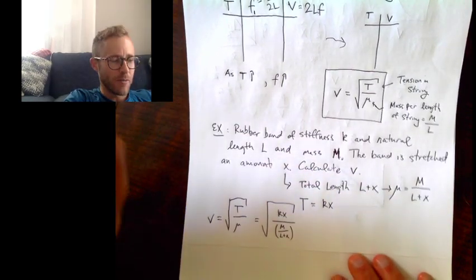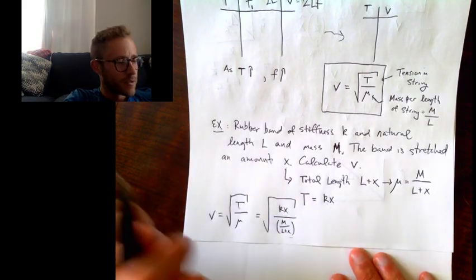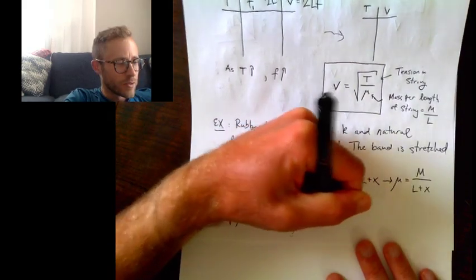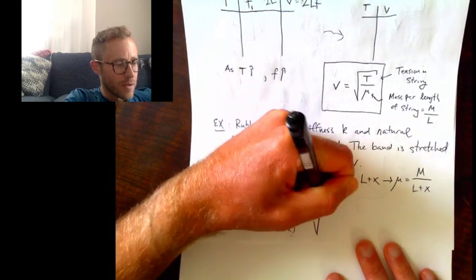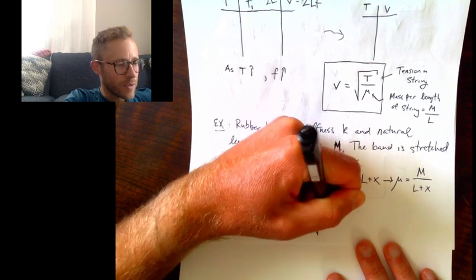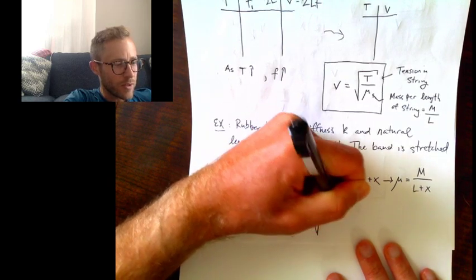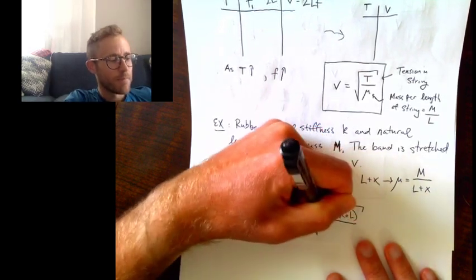I'm dividing by a fraction, so I have to multiply by the reciprocal. So this is going to be the square root of k times x plus L over m.